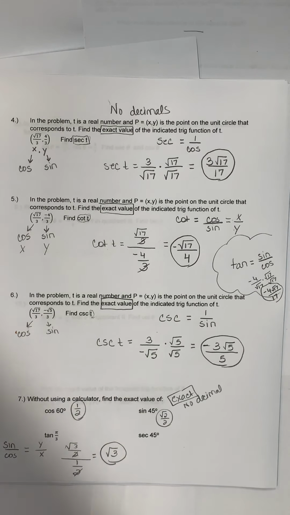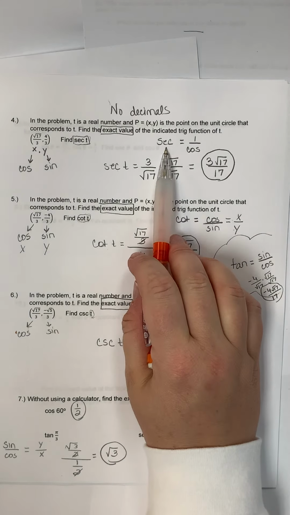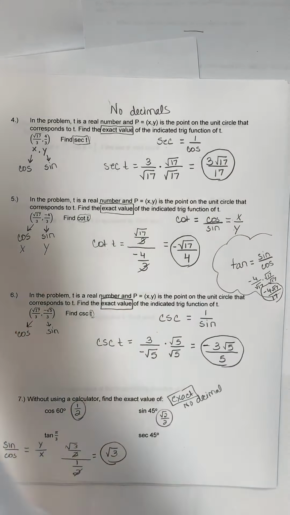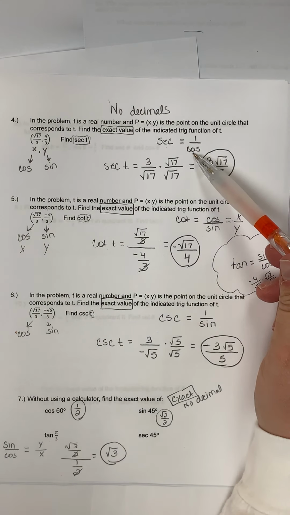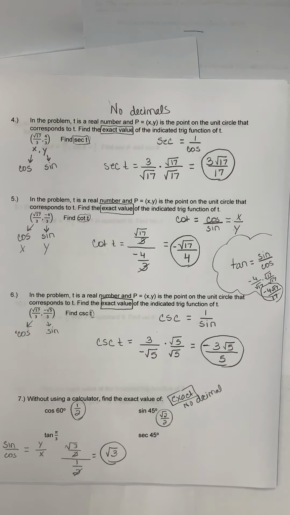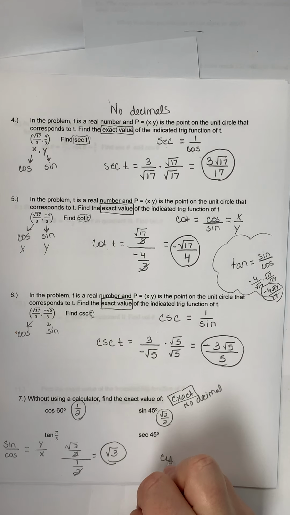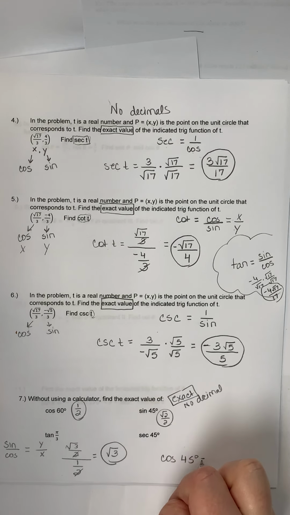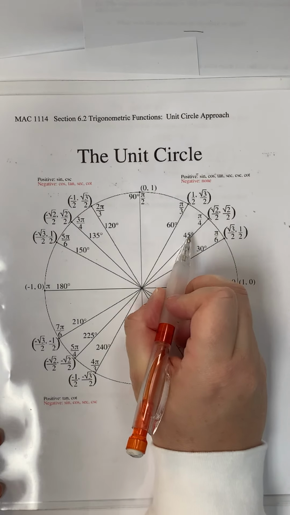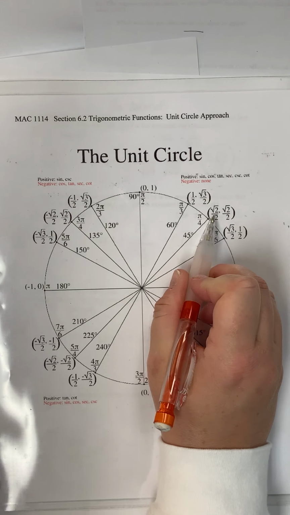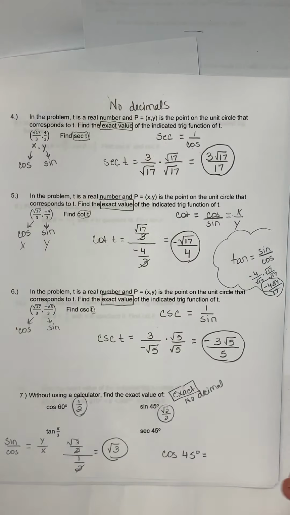Secant of 45. So remember, secant is the reciprocal of cosine. So I'm going to look up cosine of 45. That's what I'm going to do first. Cosine of 45 degrees, here's 45, here's cosine, is √2/2.